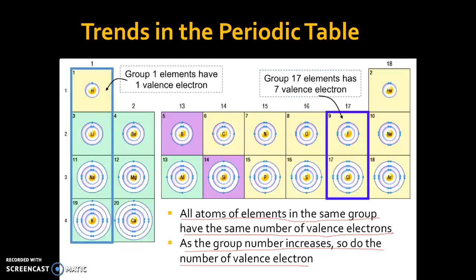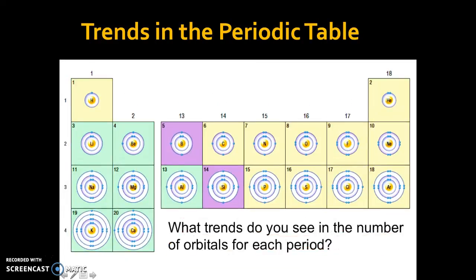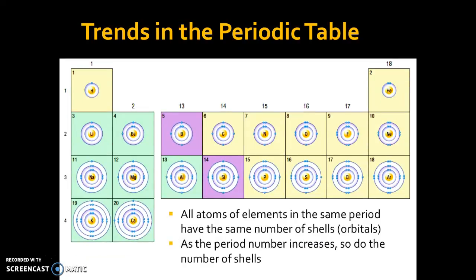Group 17, again, they all have the same number, 7 valence electrons. So what trends do you see in the numbers for the period? All atoms in the same period have the same number of shells.